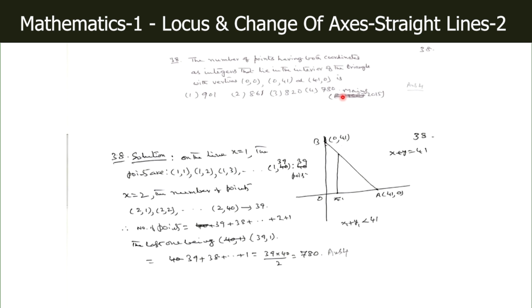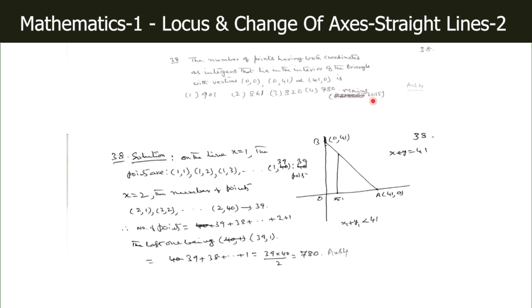Next, the number of points having both coordinates as integers that lie in the interior of the triangle with vertices (0, 0), (0, 41) and (41, 0) is: option 1, 901; option 2, 861; option 3, 820; option 4, 780.